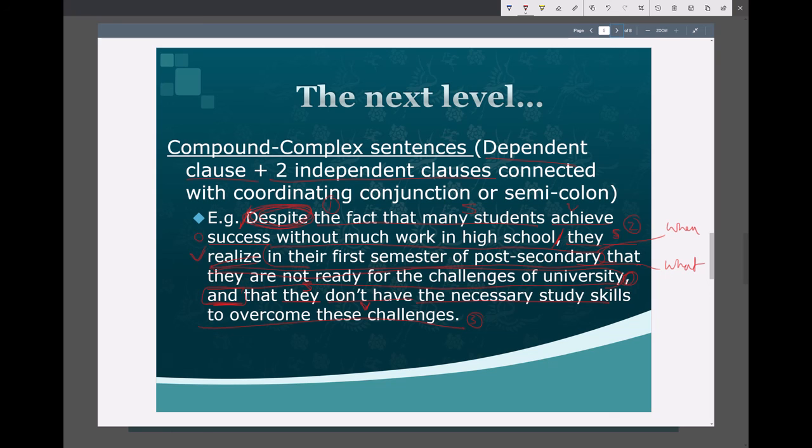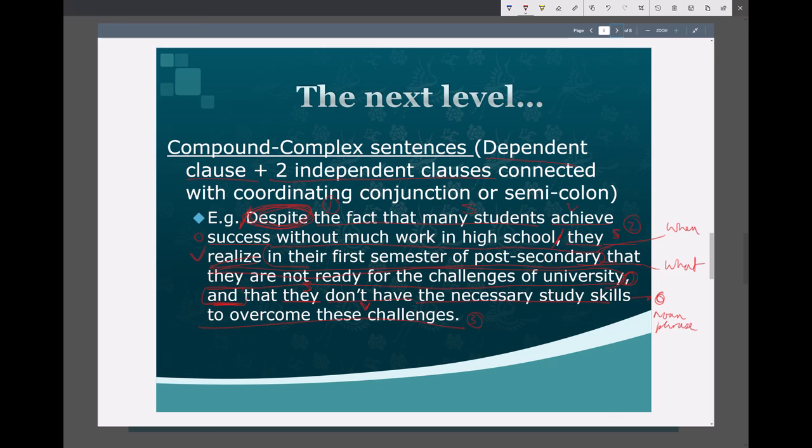So we have a noun phrase for the object here. It's a noun phrase which talks about the skills that they need to overcome the challenges of, in this case, university or college, post-secondary education.